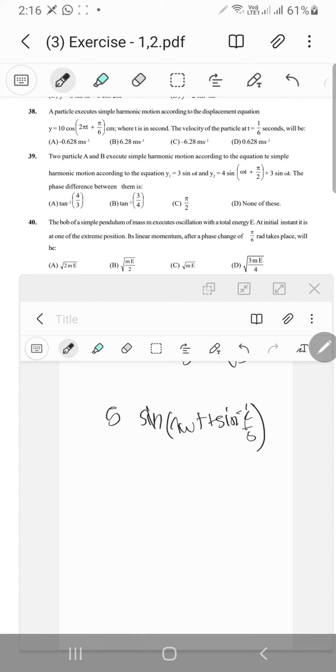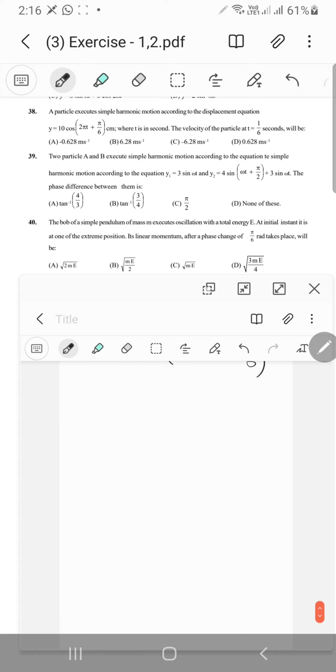Next question. A particle executes SHM according to a displacement equation. The velocity of the particle at t equals 1 by 6 second will be, at t equals 1 by 6 seconds. So they just gave us y. Find velocity. Velocity is going to be the derivative of that.